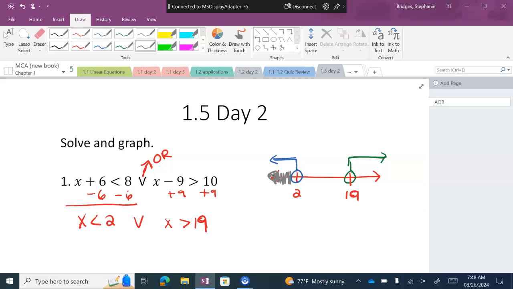Does this spot in between satisfy at least one of those inequalities, less than 2 or greater than 19? No. How do I know? There's no line above it. That's why I draw the lines above it so I can physically see where they are. So I would not shade in between 2 and 19. Does that make sense? And then I go to the right side. Does this satisfy at least one of my inequalities here? It does. Okay. So I can shade to the right there.